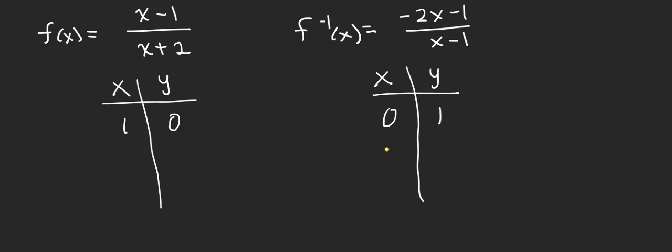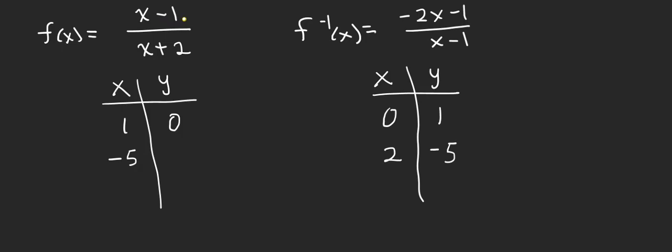Okay, what about 2? Let's put 2 for x over here. Then you're going to get negative 4 minus 1, negative 5 over 1, so you end up getting negative 5. So 2 goes to negative 5. Well, let's put negative 5 for x and see what we get.